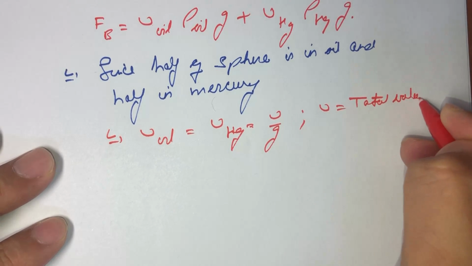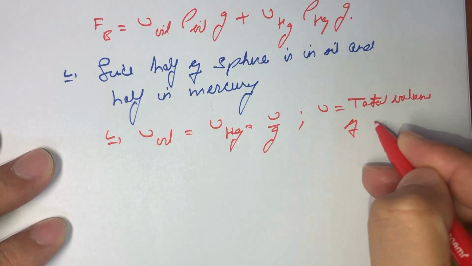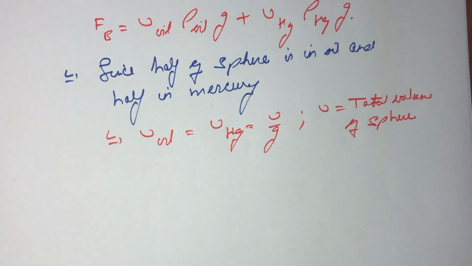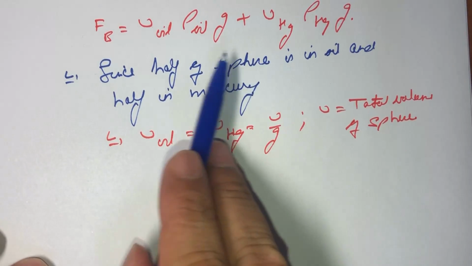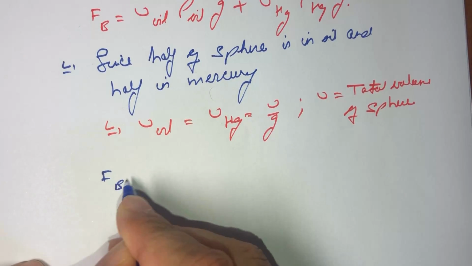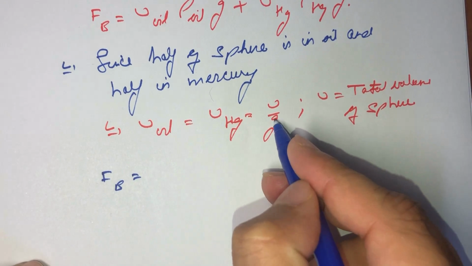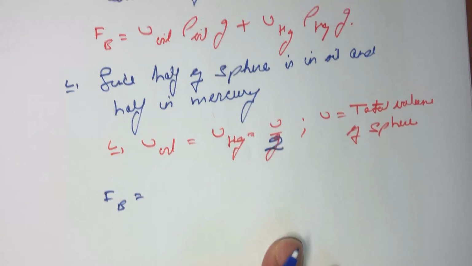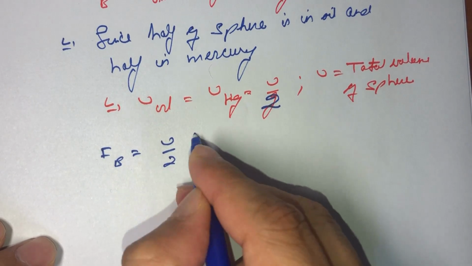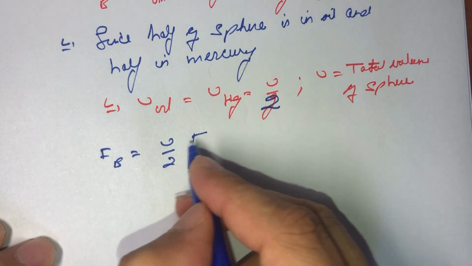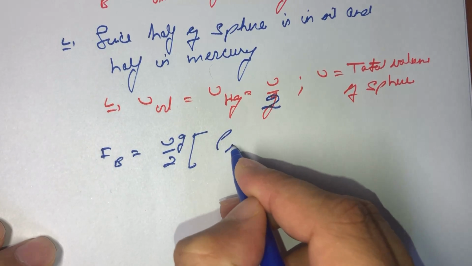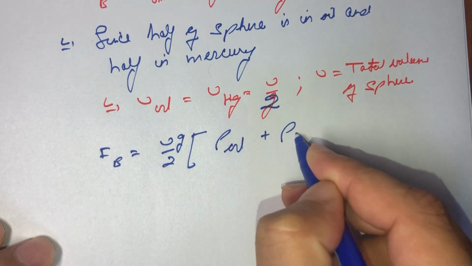Substituting this value in the FB equation, FB will be equal to V by 2 taken as common along with g, and we are left with density of oil plus density of mercury.